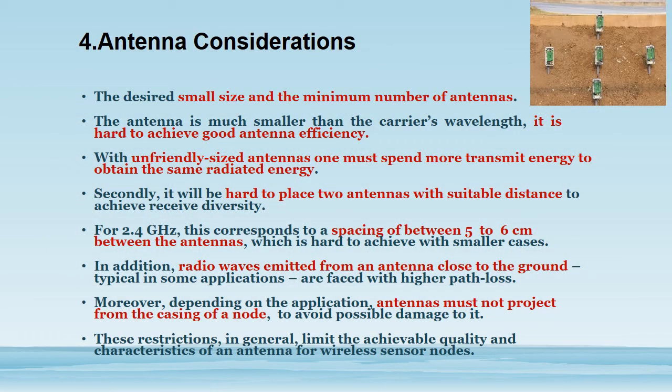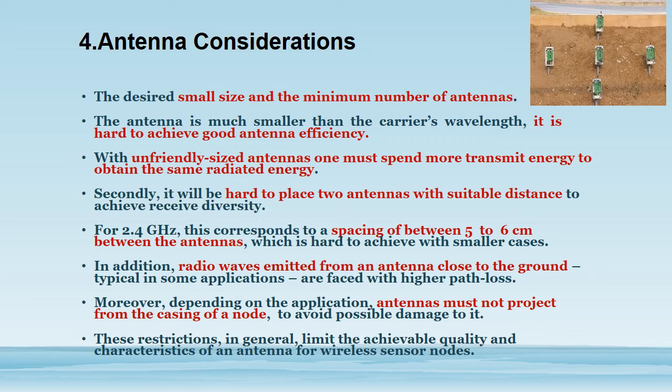In the antenna consideration, we are always thinking that we have to design a smaller antenna and also a minimum number of antennas in a node. If the antenna is much smaller than the carrier wavelength, it is hard to achieve a good antenna efficiency. So we always have to satisfy h equal to lambda by 4.